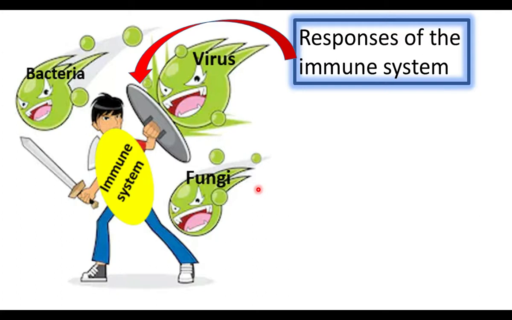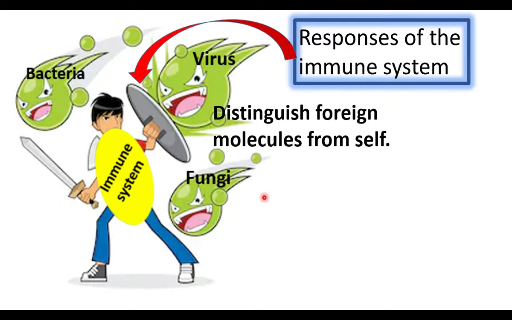The immune system produces antibodies. The antibodies fight against the disease-causing organisms. Antibody production is one of the immune responses. The immune system shows response against the foreign molecules but not the self molecules because the immune system is able to distinguish foreign molecules from the self.